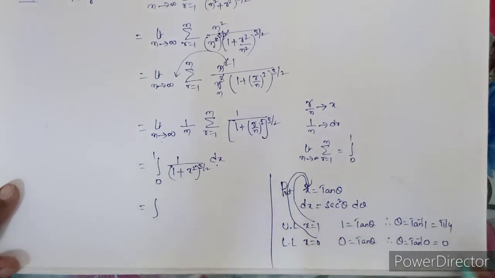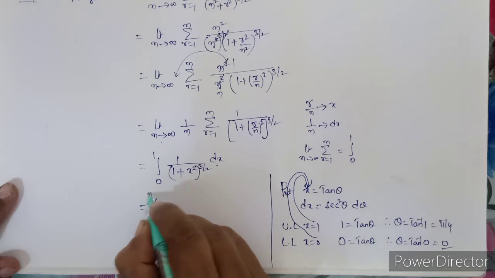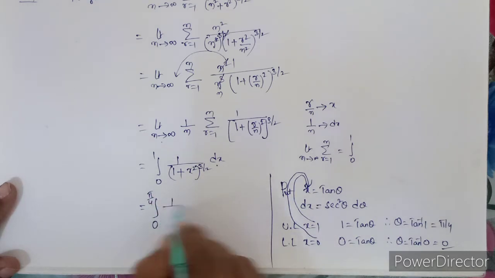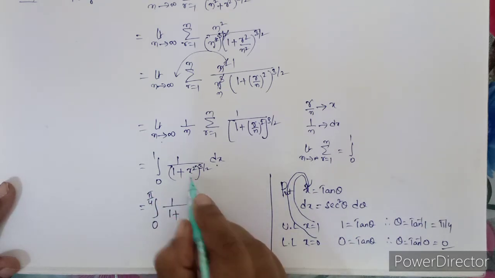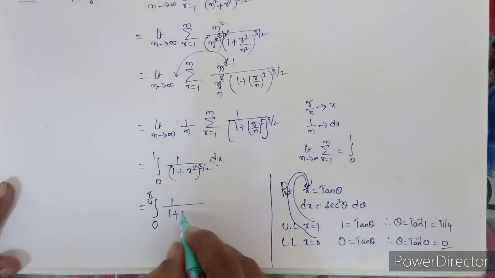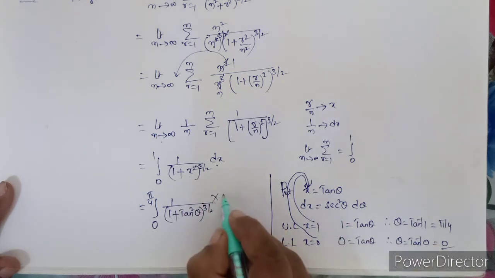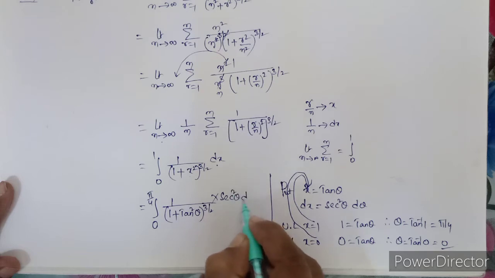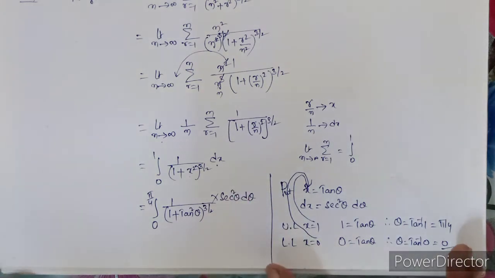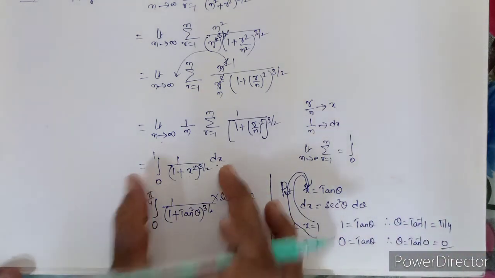Integral, lower limit of theta is 0, upper limit of theta is pi by 4. 1 by 1 plus x is a tan theta, x square means tan square theta, whole power 3 by 2. Dx is secant square theta d theta. Like this we substituted all these in this integral.